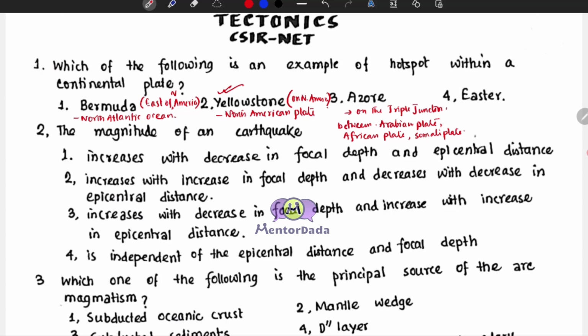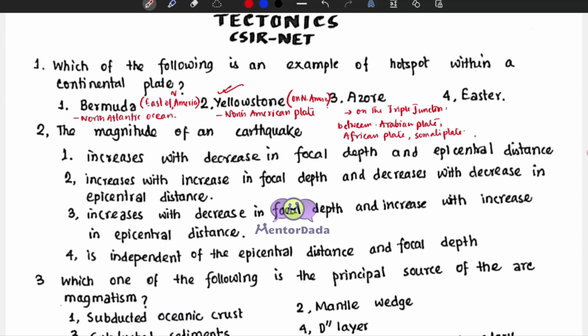It is a hotspot situated at the triple junction, and one arm of this triple junction, between the Somali plate and African plate, is known as the East African Rift system.